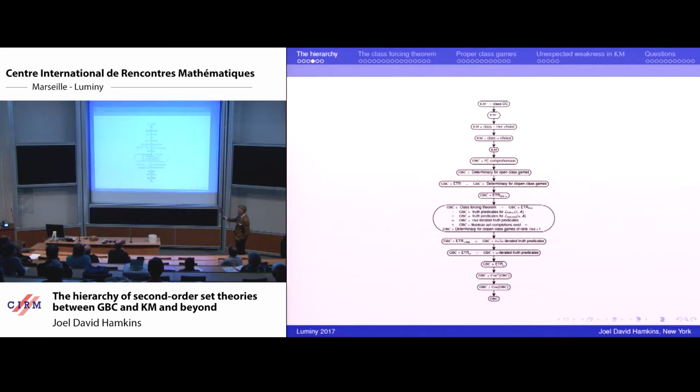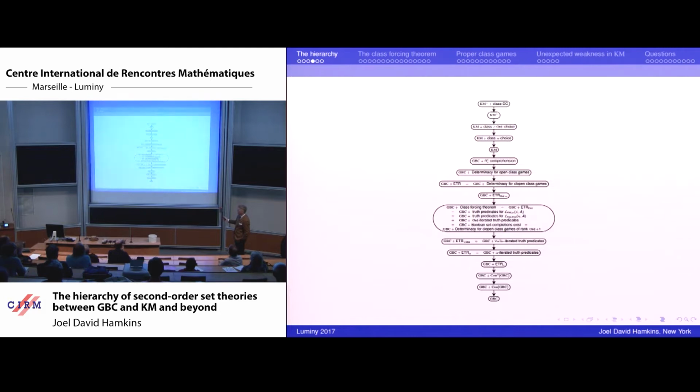This big bubble here is the class forcing theorem, which turns out to be equivalent to a number of different statements, including ETR Ord, which is the assertion that you can carry out class recursions of length Ord. Then full ETR, which allows class recursions of arbitrary class well-order length, going beyond Ord, is equivalent to clopen determinacy for class games. Open determinacy is strictly stronger.